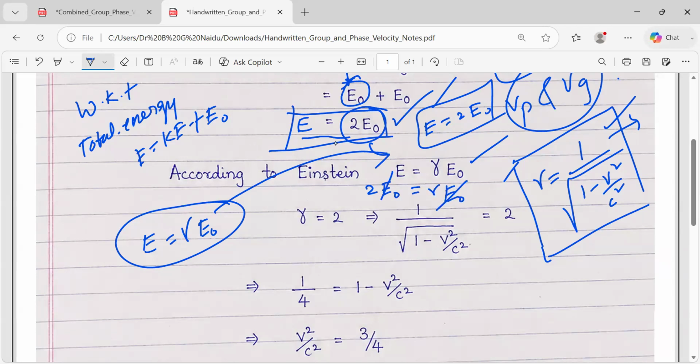E naught cancels out, and we have gamma equals 2.